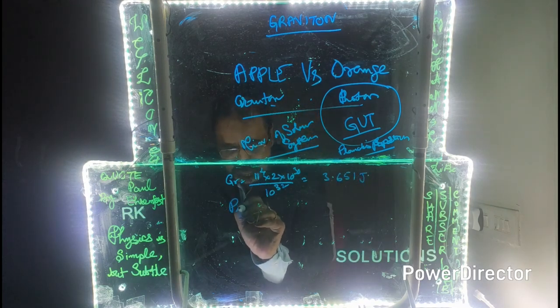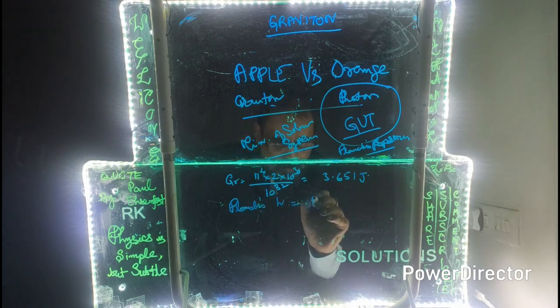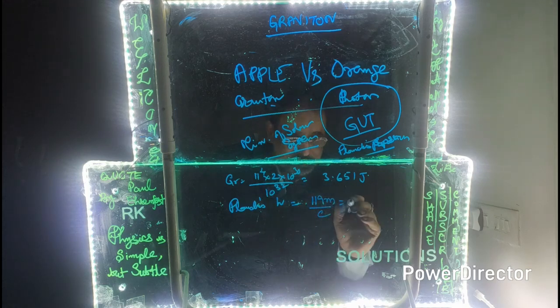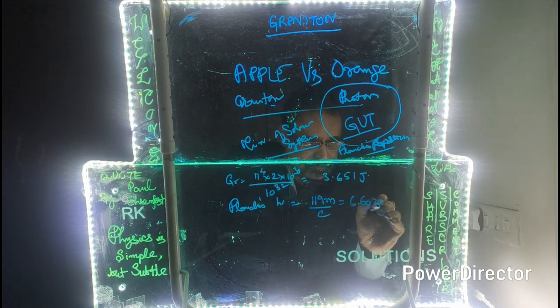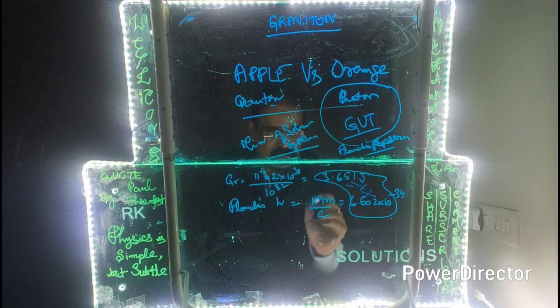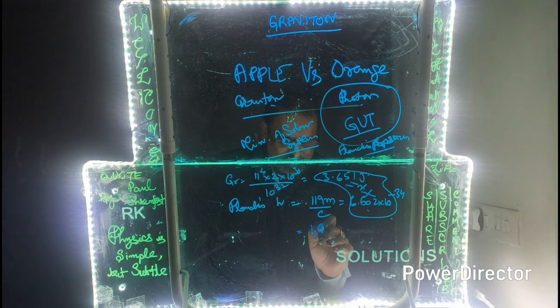Whereas Planck's constant h equals 190 m by c, which is my language; you can take the actual value into minus something. So how many times is this? Take roughly 6.6 divided by 3, let's say 1.75, 1.8.